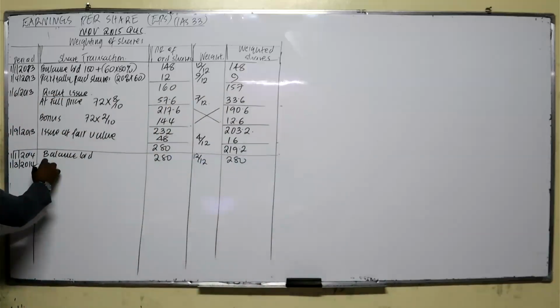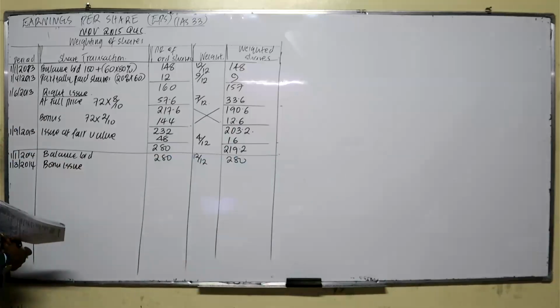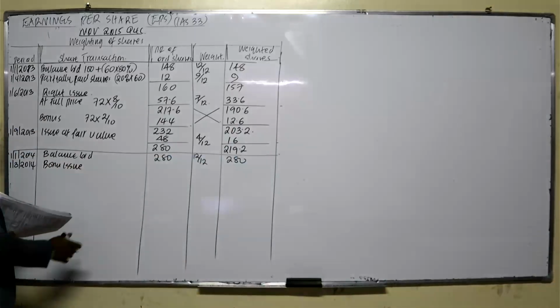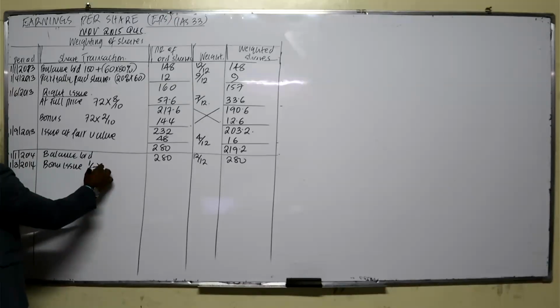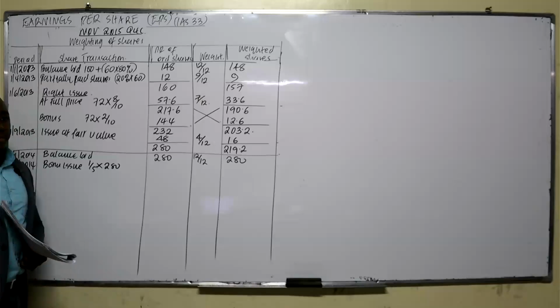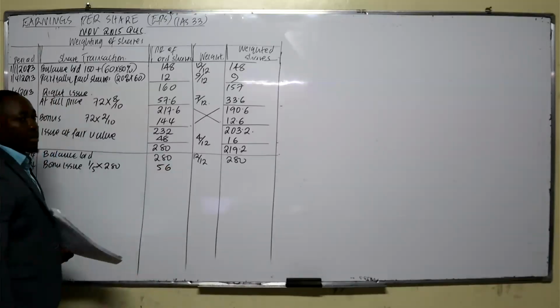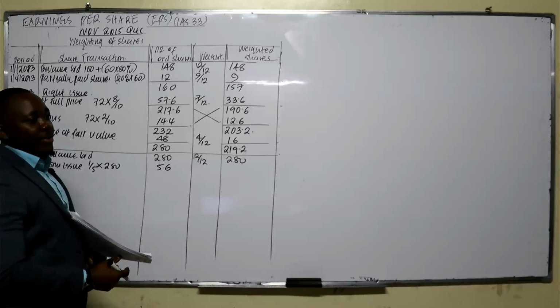So there was bonus issue. 1 for every 5. So just take 1/5 of the shares outstanding, 280. 280 divided by 5. That's 56, right? 56. Then shares issued at no consideration are not weighted.